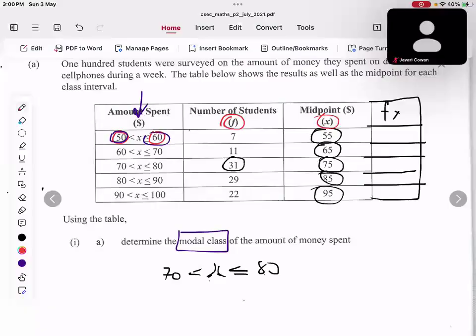So help me now, guys. What is 7 times 55? 385. All right, continue. What is 11 times 65?